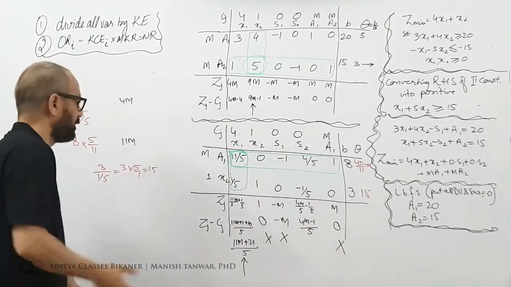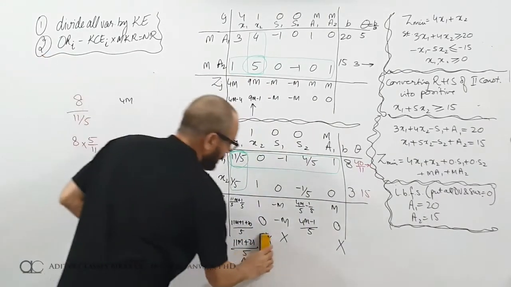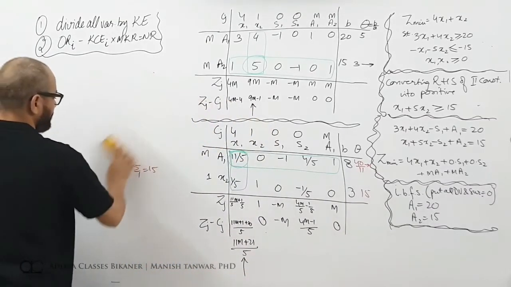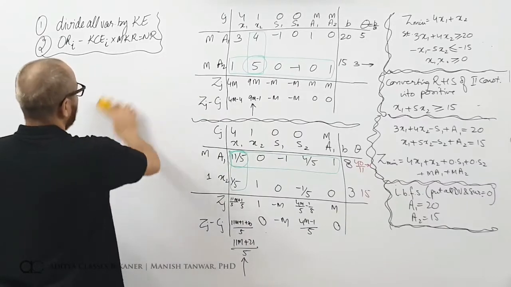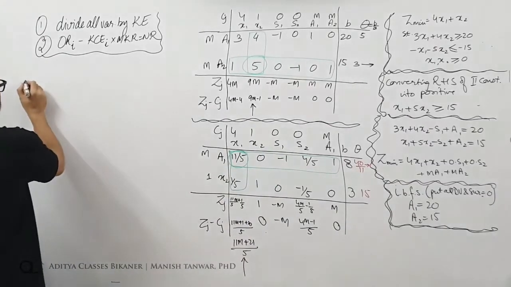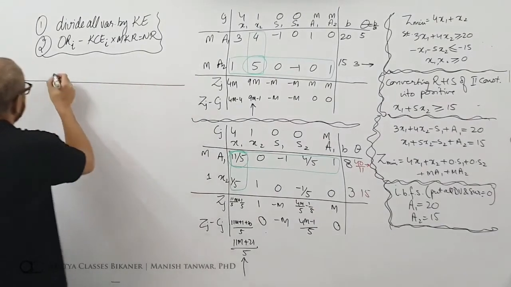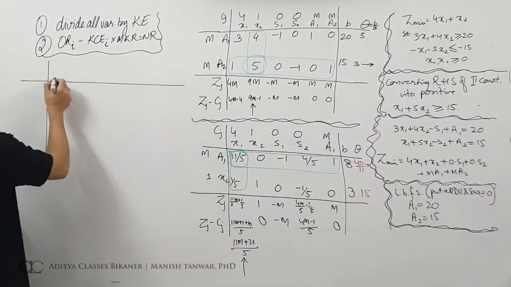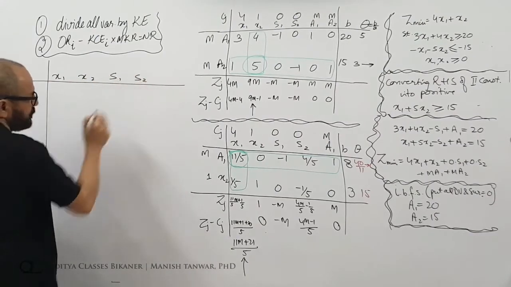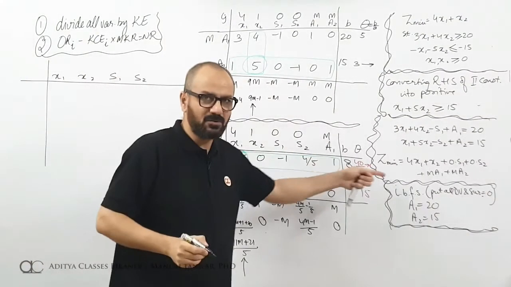So can we move this to our next table? Our next table would be x1, x2, s1, s2. Remember, a1 is outgoing variable.